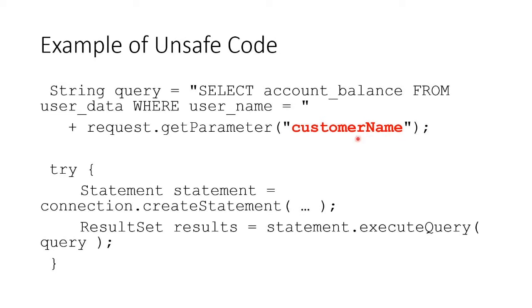There's nothing to stop us from entering whole paragraphs of stuff in here. That's the risk. And this is just part of a try-catch statement to try, and then if there's an error, handle it. But that's not the part we need to worry about. It's the fact that you're going to enter a customer name here, and there's nothing stopping or saying what that input has to be. So that's unsafe code.